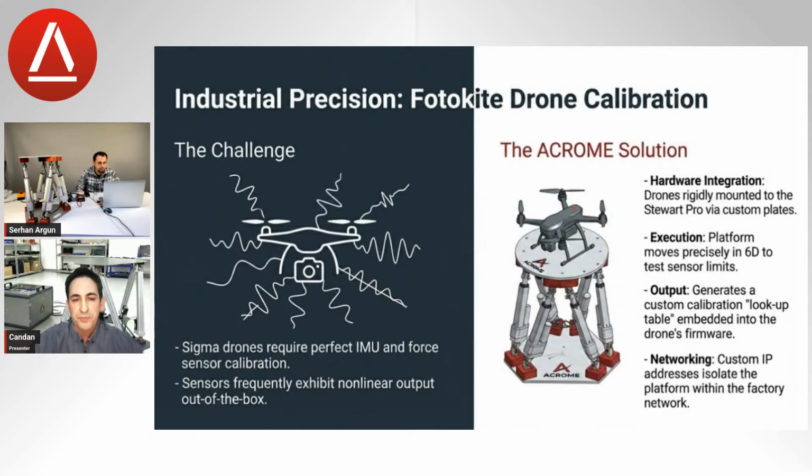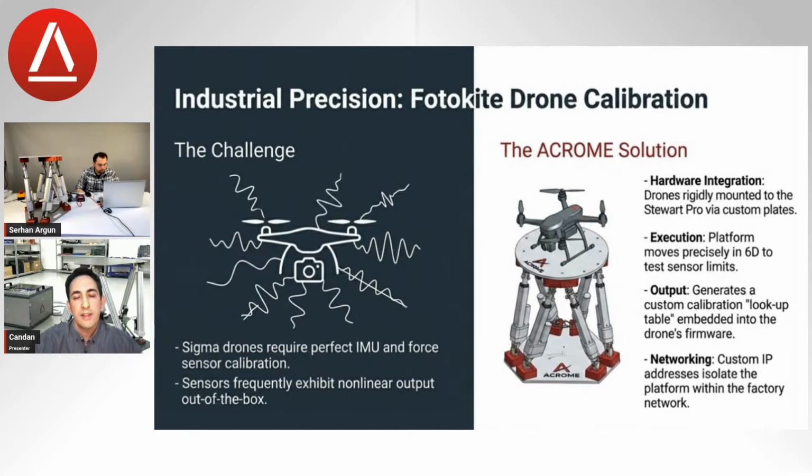It requires a perfect IMU and also a force sensor to identify the amount of force or weight the drone is carrying. These two parts, the IMU and the force sensor, are integrated into the drone. In many drone applications, by the way, there is at least one IMU sensor. But for Photokite, they need a perfect calibration, and it should work in harsh conditions as well.